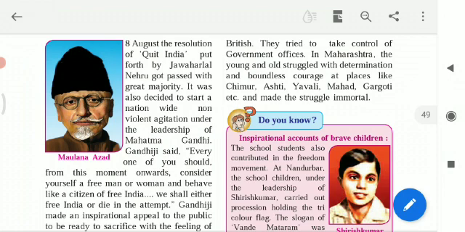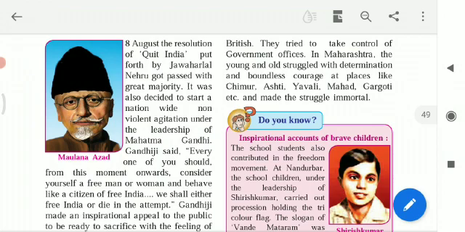Gandhiji said, "Every one of you should from this moment onwards consider yourself a free man or woman and behave like a citizen of free India. We shall either free India or die in the attempt." Gandhiji made an inspirational appeal to the public to be ready to sacrifice with the feeling of do or die.